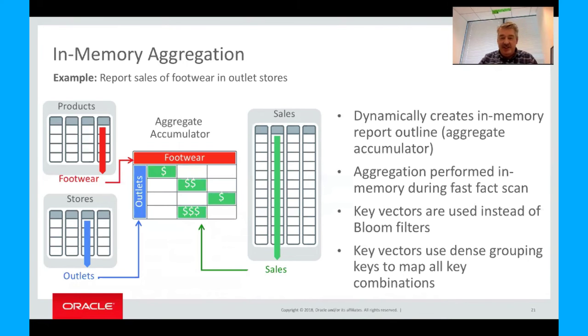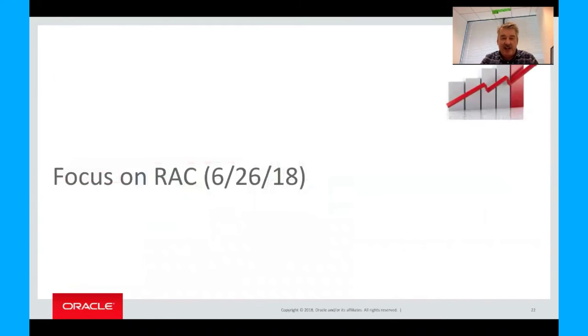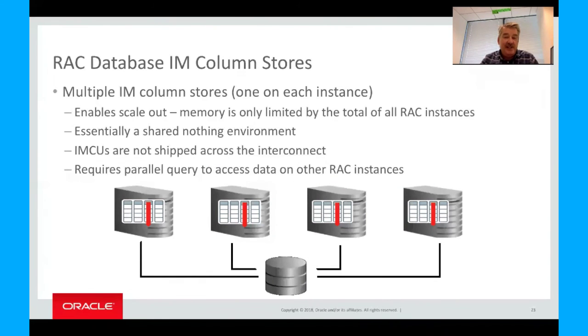So let's continue on where I think we talked next about RAC. Right, so Database In-Memory, since it works with all Oracle functionality, works with RAC as well, and that's kind of our scale out option. Since we are talking in memory, you are allocating the column store as part of the SGA, and a single server can only have so much memory.